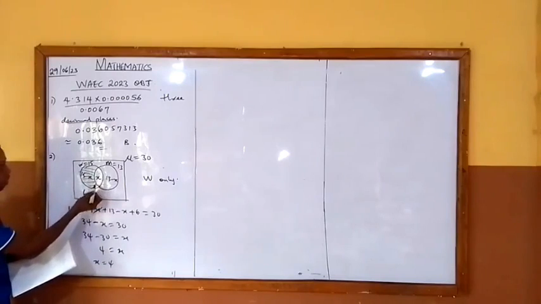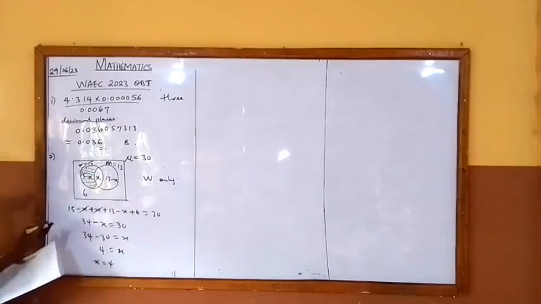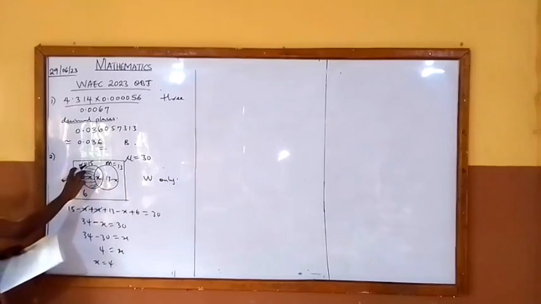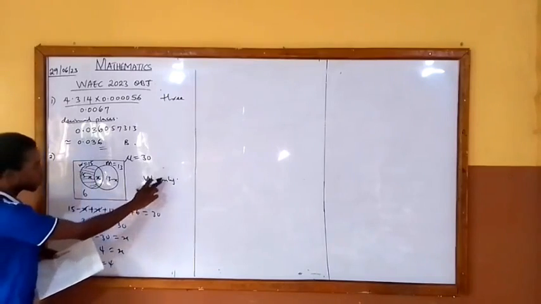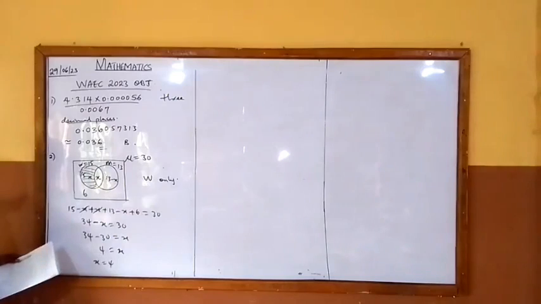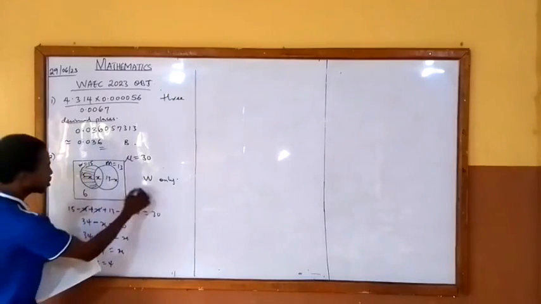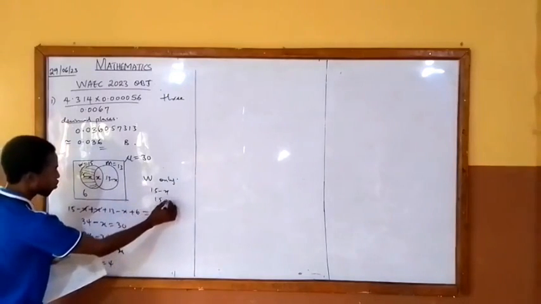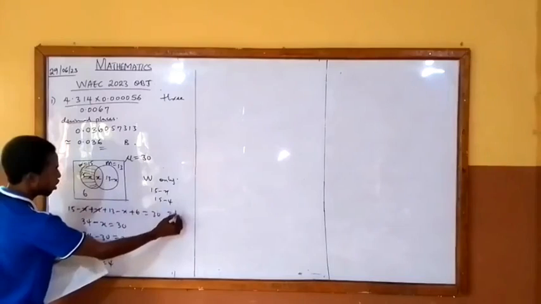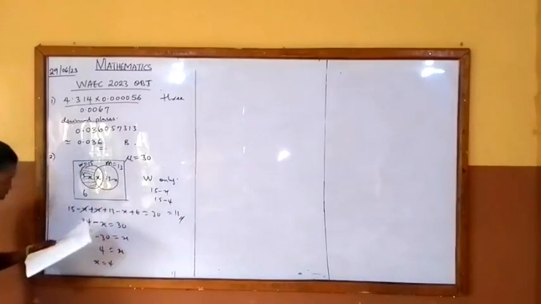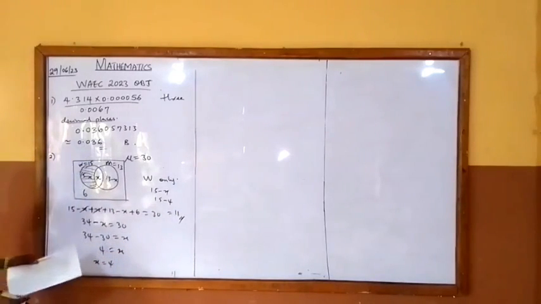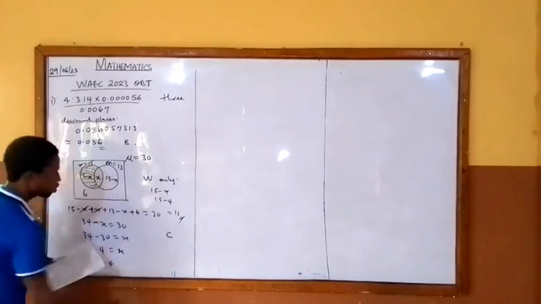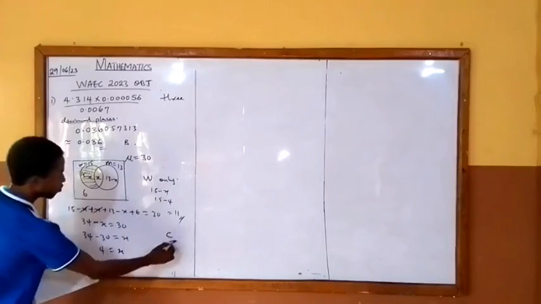Once I shade this area, it means metalwork is not part of it. In another way, this is woodwork only. So our woodwork only is 15 minus X, and our X is 4. That's 15 minus 4, which is 11. So that is option C in our number 2.